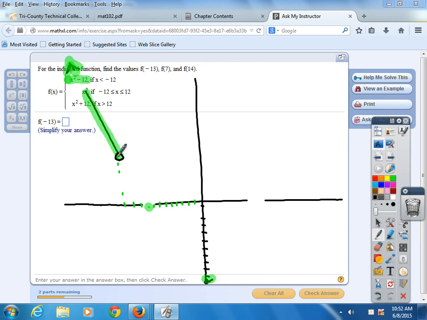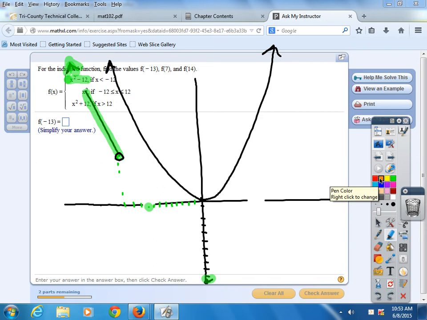Now, let's draw x squared. That's going to be from here. There's x equal to x squared. We'll color that in orange. That's this. So x squared equals 0.